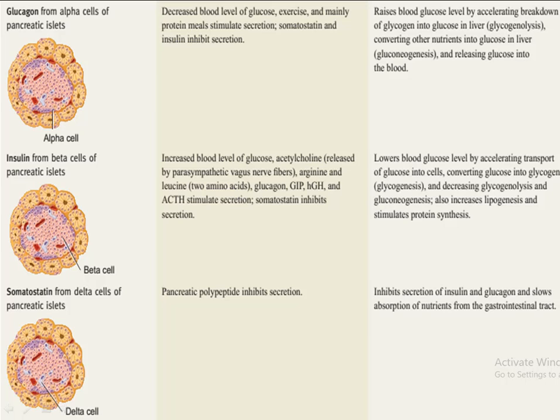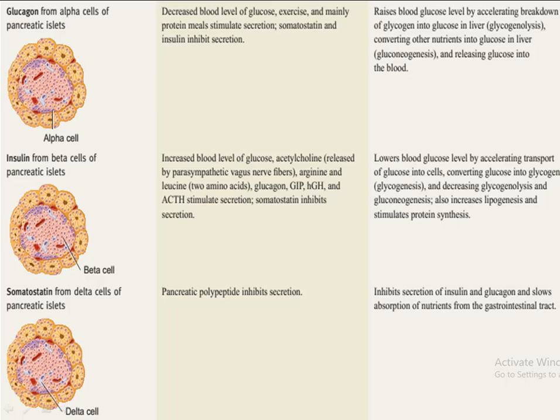Acetylcholine will be released by the parasympathetic vagus nerve fibers, as well as arginine and leucine, that is two amino acids, along with glucagon, GIP, GH, that is the growth hormone, and ACTH, stimulate the secretion of insulin. Somatostatin inhibition can be seen.